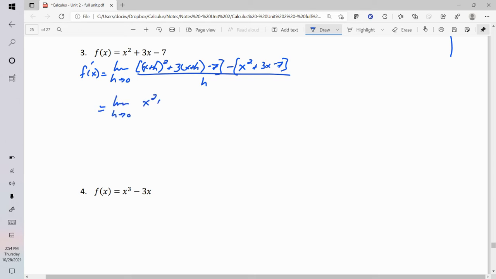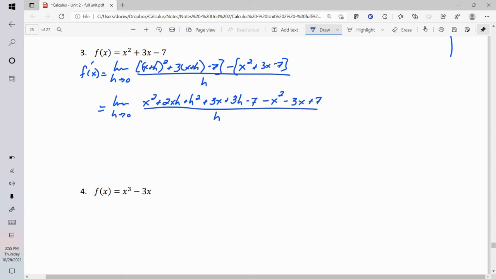The expansion of my numerator will result in x squared plus 2xh plus h squared plus 3x plus 3h minus 7 minus x squared minus 3x plus 7, and then that's all divided by h.